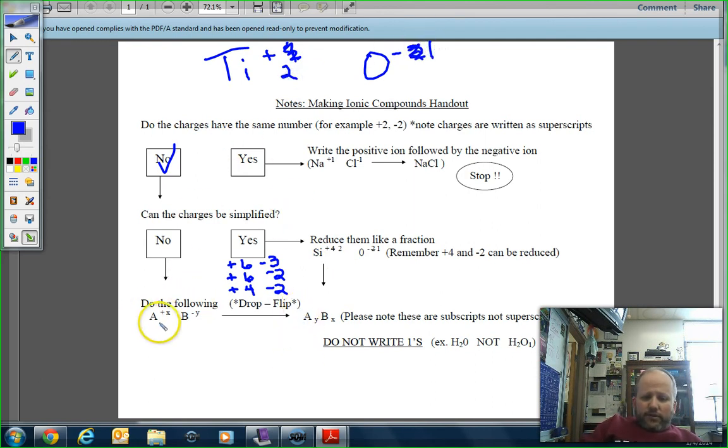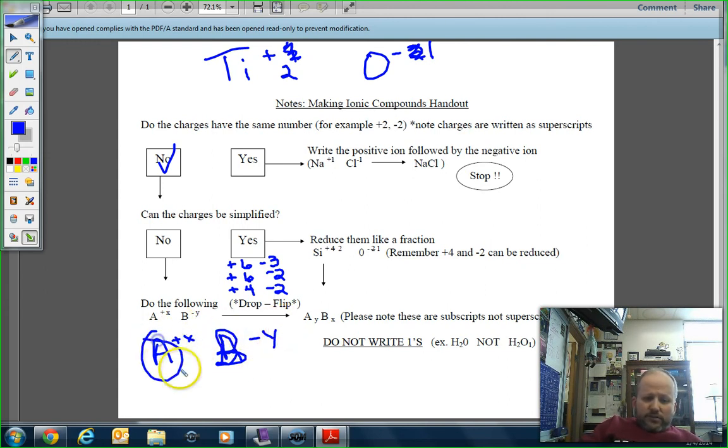So now what we do here is, I call it drop and flip. We are dropping these numbers, we're not dropping the charges, so the x and the y, instead of superscripts, now become subscripts, and then we flip them to the other element. So what I like to do, as we have it here, is A to the plus x, B to the negative y.